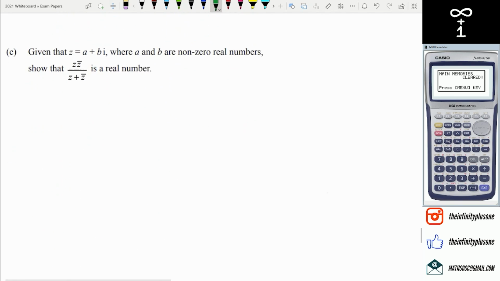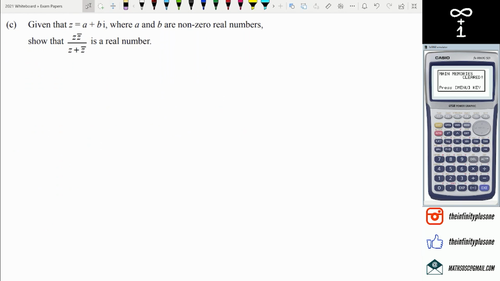All right, so question 1C. What we've got here is one of these little proof questions again. All right, so we've got a plus bi. Conjugate. So if z equals a plus bi, then z conjugate is a minus bi.